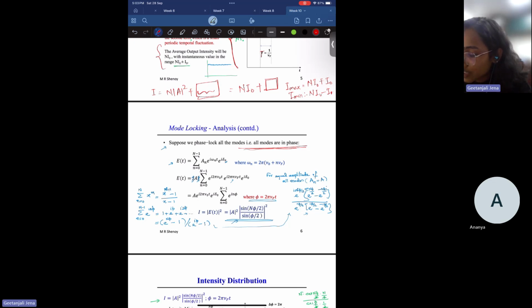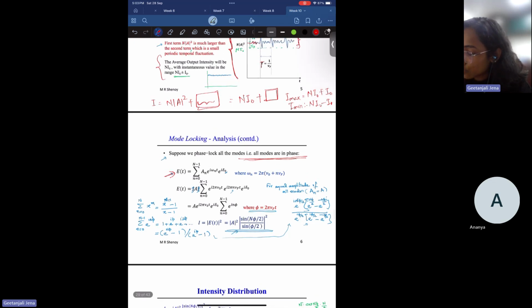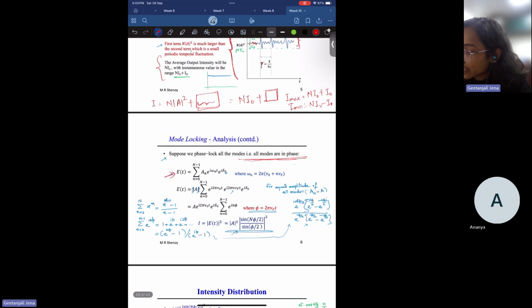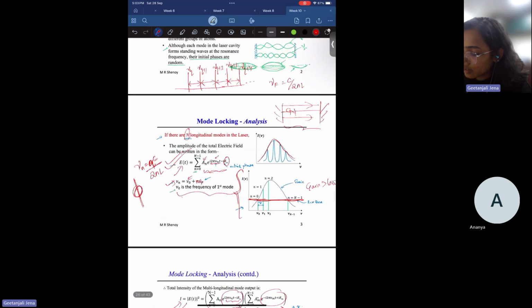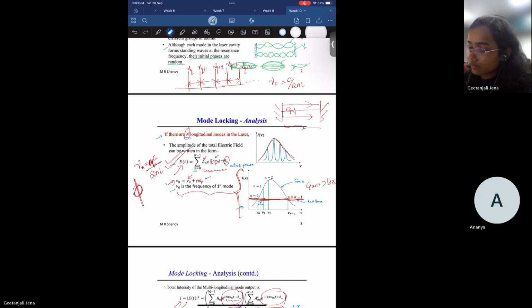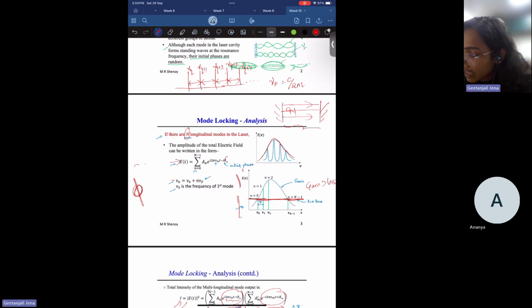If you see this expression, so now we have taken, instead of delta n, for this E of t, you can see there is a delta n term here because the n modes have different phase.